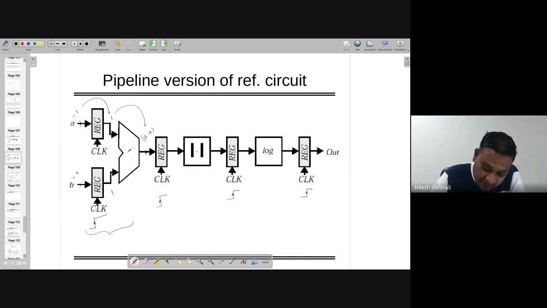When this is available here, note that I am not going to make this data available at the next side, because I'm making sure that the hold time of this register is much smaller than this propagation delay, right? So the hold time of this one is here, let's say, and the output of this one is coming afterwards. So then it will not be taken.